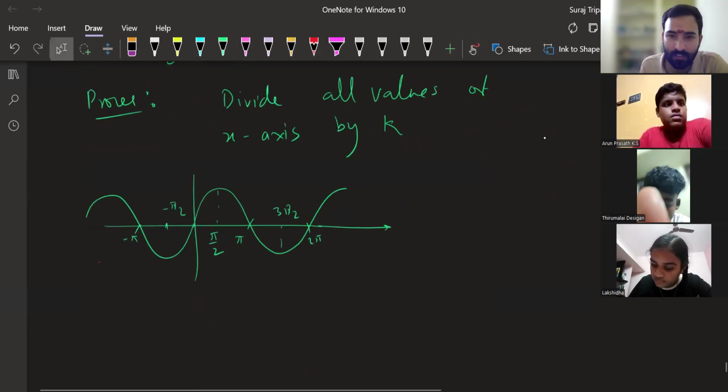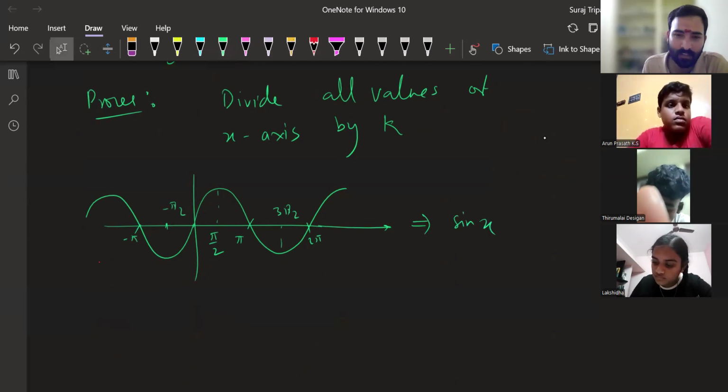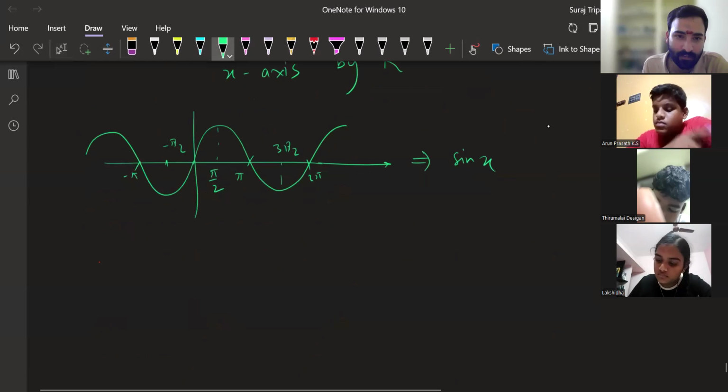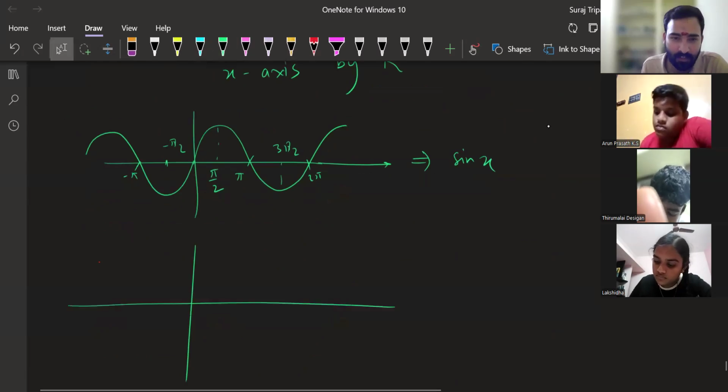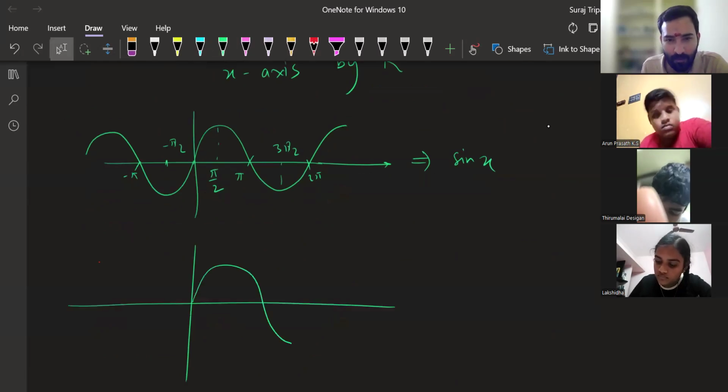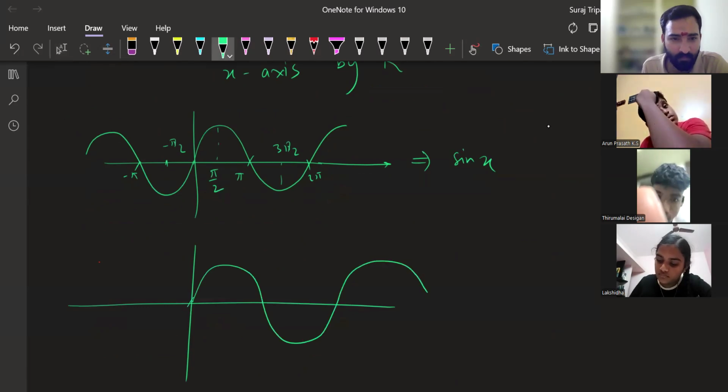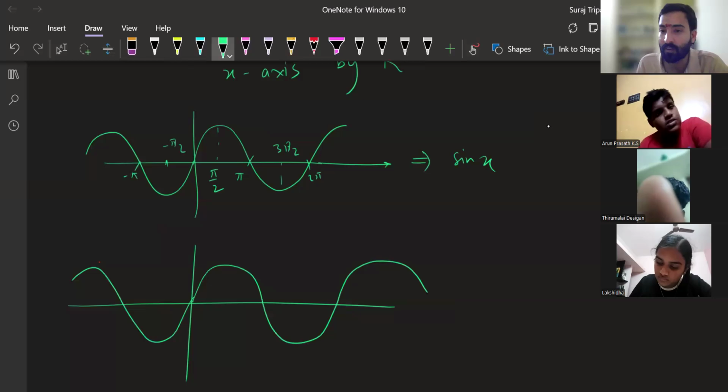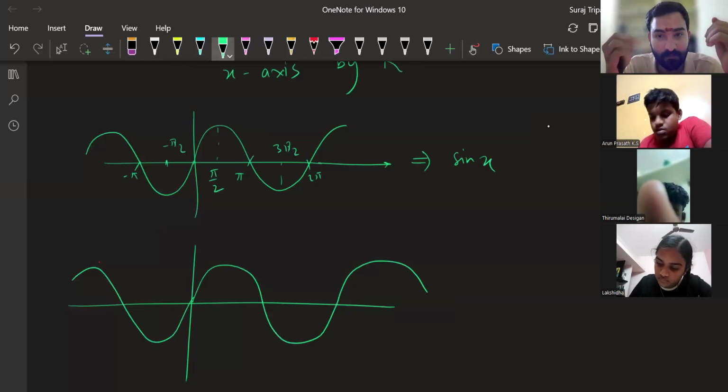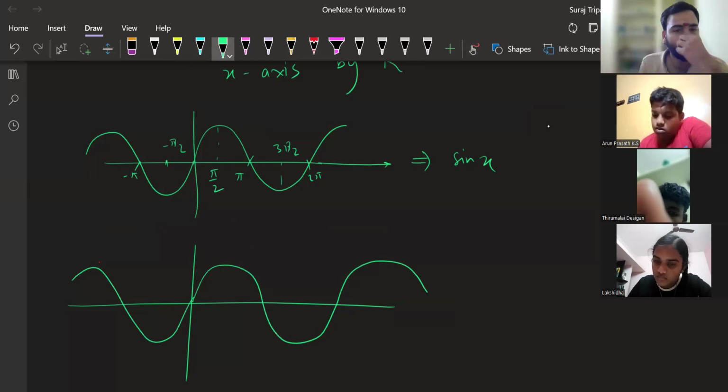This is the graph of sine x. Now we want the curve for sine 2x. What do we have to do here? The shape of the graph will remain the same; the values alone are divided by 2. We are scaling the x-axis.